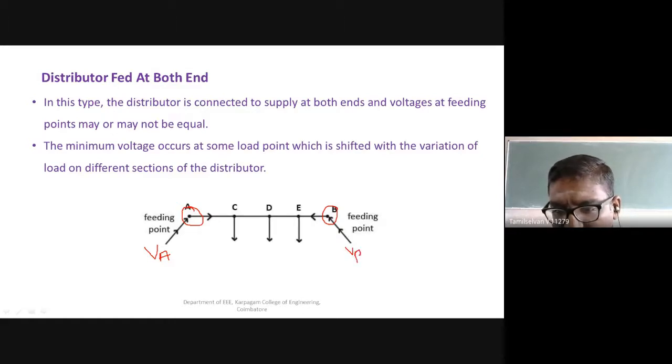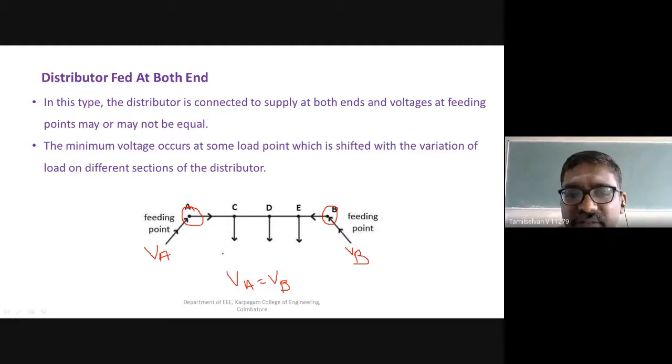This voltage may or may not be the same. If VA is equal to VB, that is called a distributor fed at both ends with equal voltages. It means at the end points the voltage is equal.